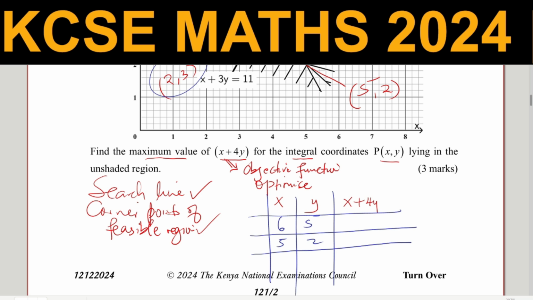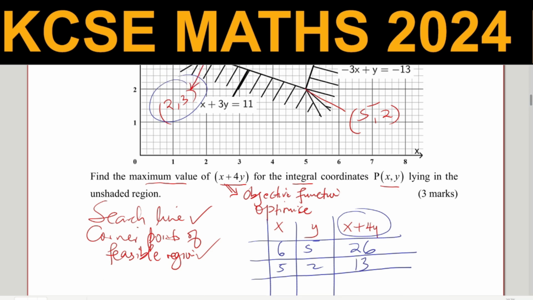For (6, 5), when x is 6 and y is 5, substitute in x plus 4y, you get 26. Then for (5, 2), you get 5 plus 8, that will be 13. All right, those are the corner points.